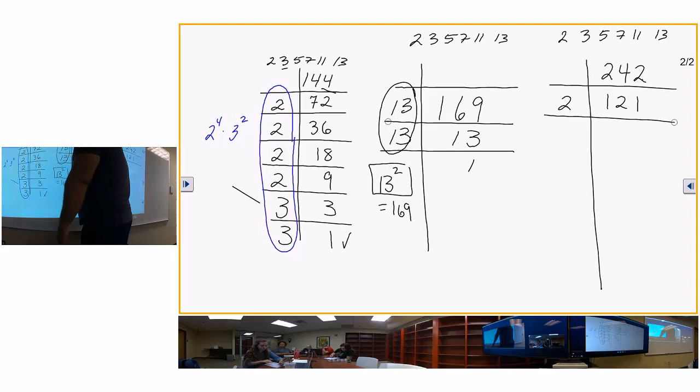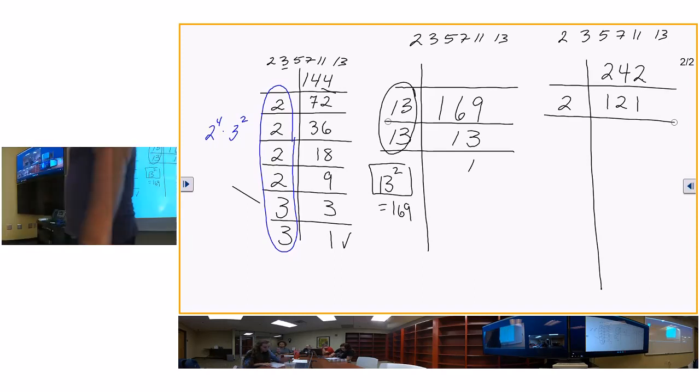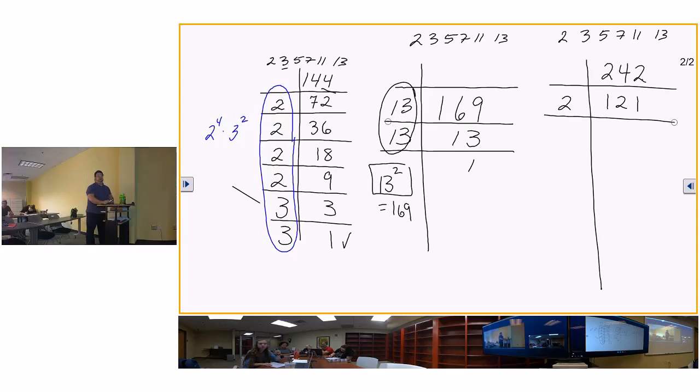Now you need to do something else. See if 3 will go into it. How do you notice 3? Well, it's not 2 because it ends in 1. So try 3 or 4. I meant 5. So 5 won't go into it because it ends in 1. 7 will go in there one time.